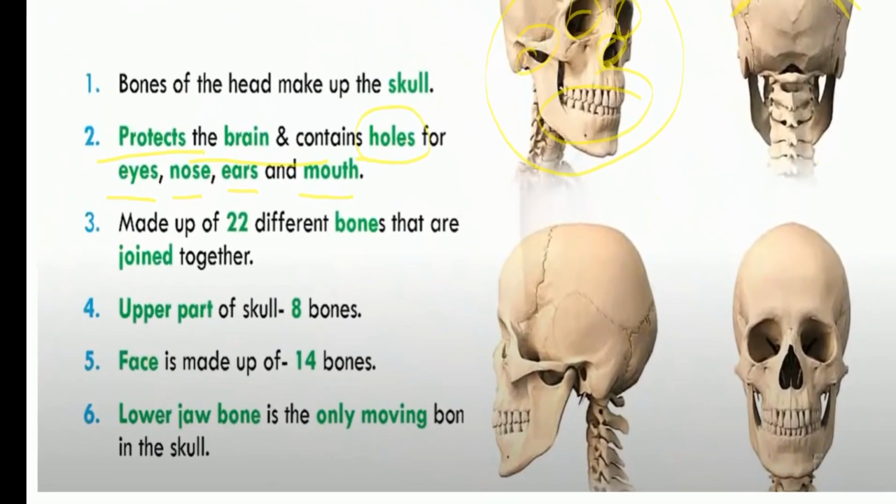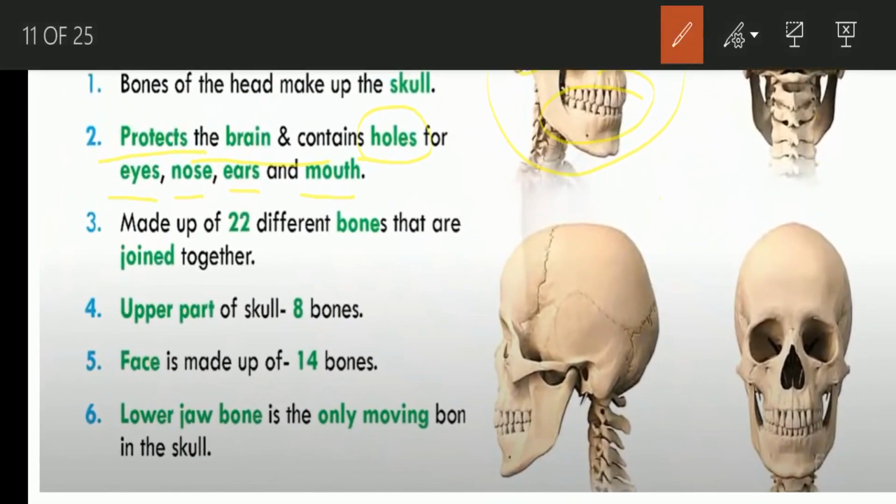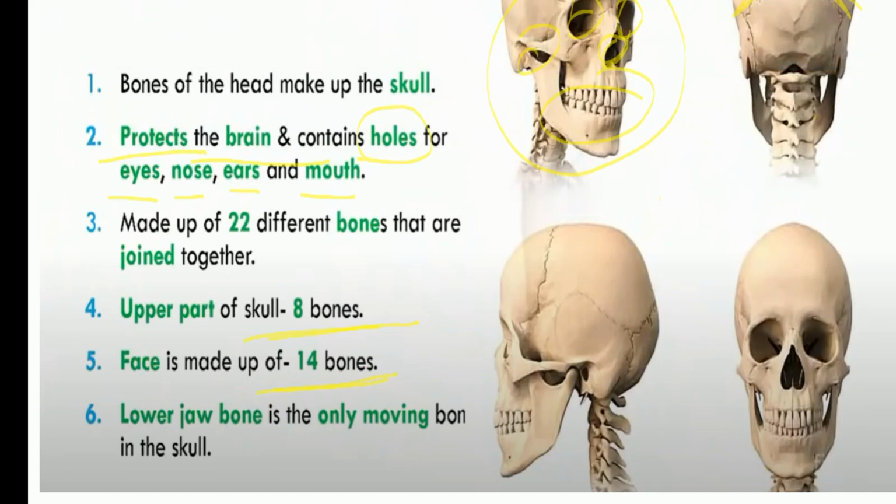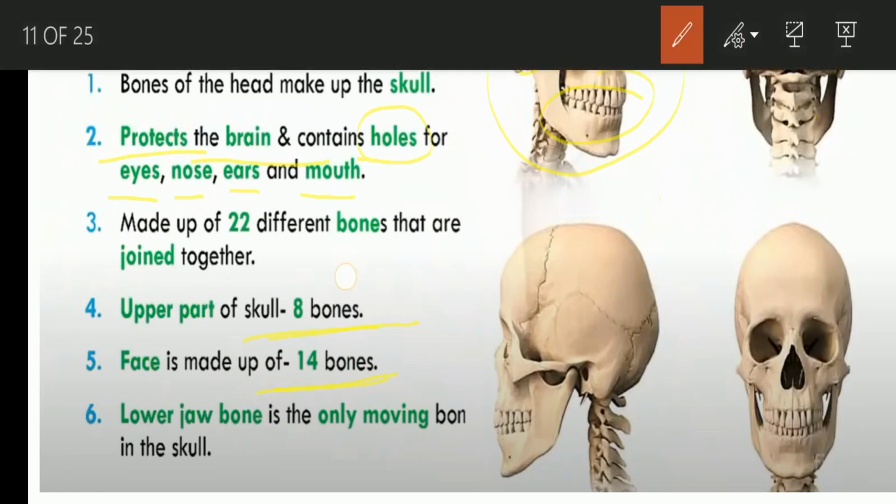The upper part of your skull is made up of 8 bones and the face is made up of 14 bones. Means your skull altogether has 22 different bones.